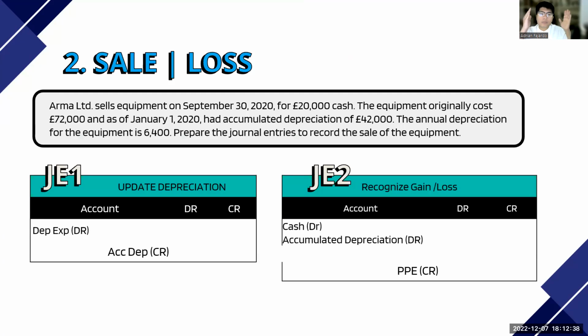Now, meron pa tayong January to September depreciation. So how many months yon? January, February, March, April, May, June, July, August, September. There is 9 months of depreciation now we have to update. So therefore, it's 6,400 times 9 over 12.